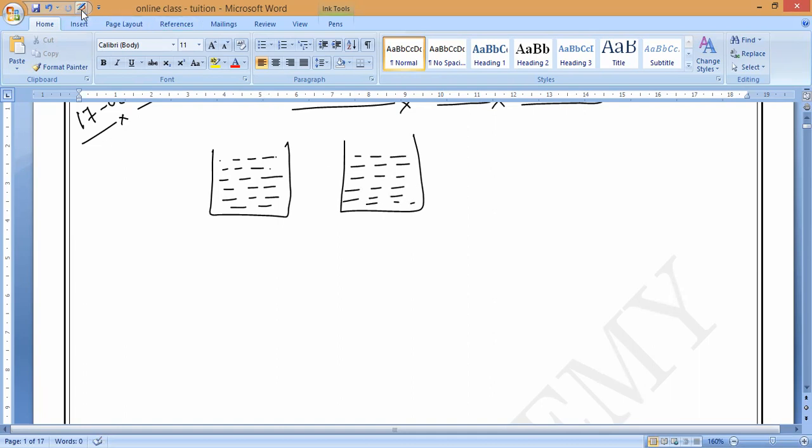In this I will add only 10 grams of salt. How much? 10 grams of salt. In this I have added 50 grams of salt. You can just imagine. So in this I have added 10 grams of salt, and in this 50 grams of salt.